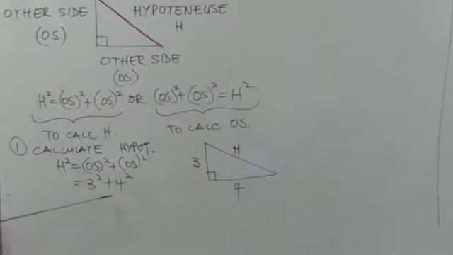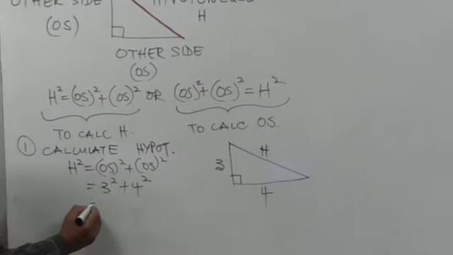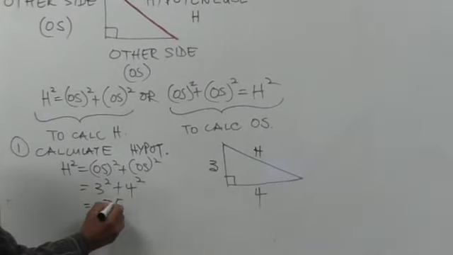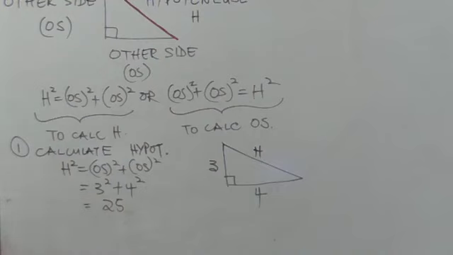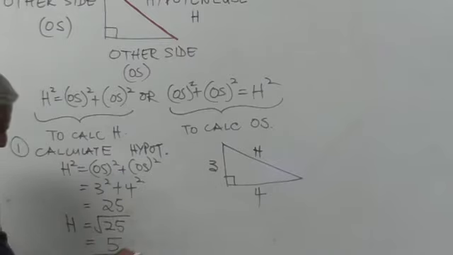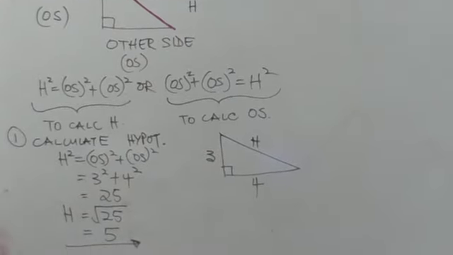You'll end up with 25. Now H squared is 25. So H is equal to the square root of 25, which is 5. So that is one kind of question where you're going to calculate hypotenuse.